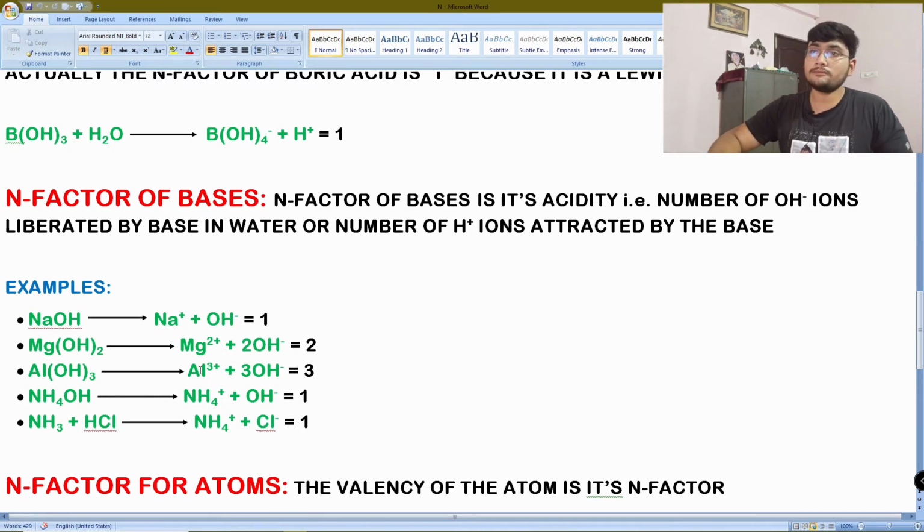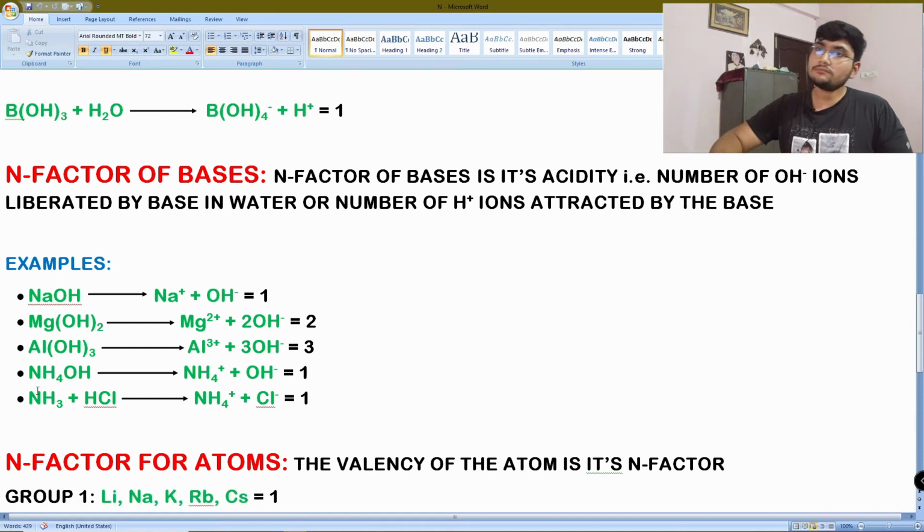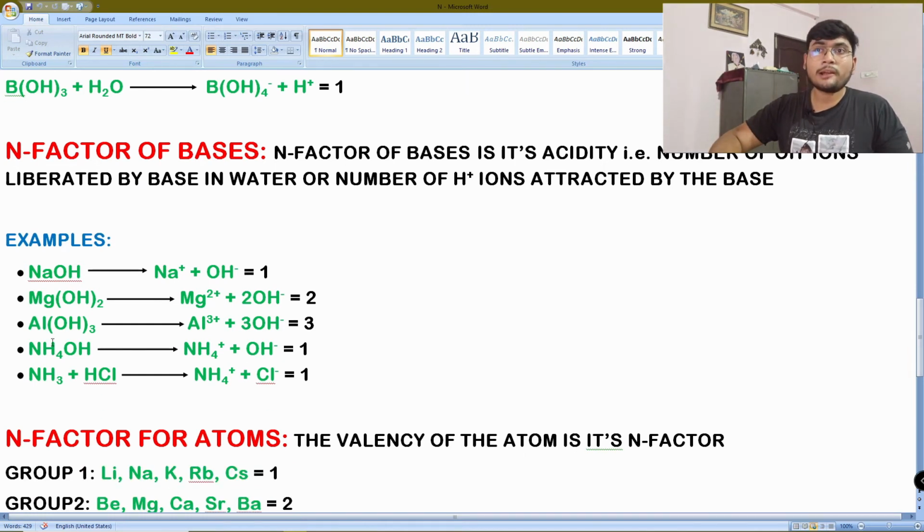Aluminium hydroxide will break as aluminium 3 plus and 3 OH minus ions, so the acidity is 3 and the N factor is 3. Now, ammonium hydroxide breaks into NH4 plus and OH minus, so acidity is 1 and N factor is 1.